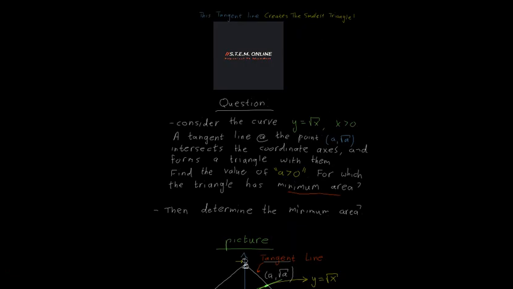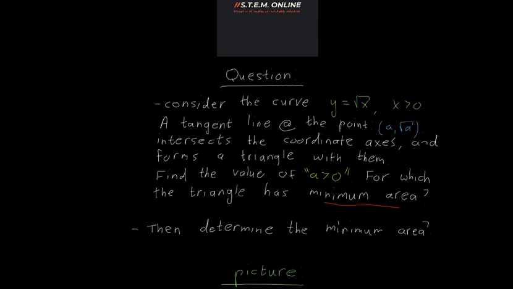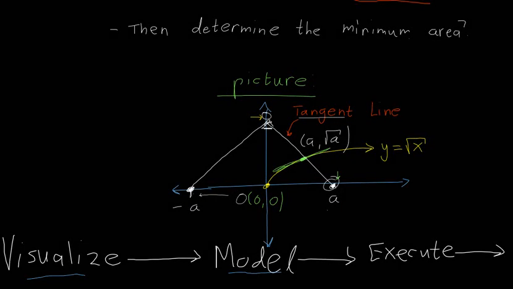The base of the triangle comes from how far the tangent line hits the x-axis. I think you can see that here, right? So the base of the triangle comes from how far left the tangent hits the x-axis.